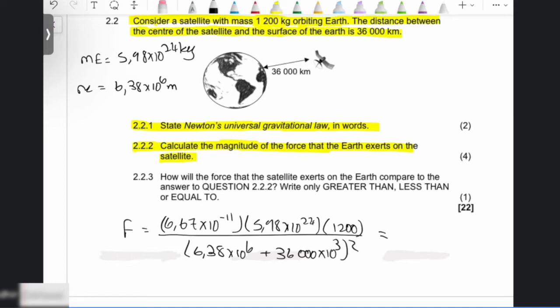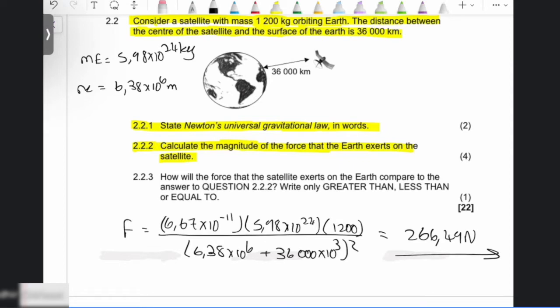So here, 6.67 times 10 to the minus 11 times 5.98 times 10 to the 24 times 1,200, divided by 6.38 times 10 to the 6 plus 36,000 times 10 to the 3, squared, and that's 266.49 newtons.